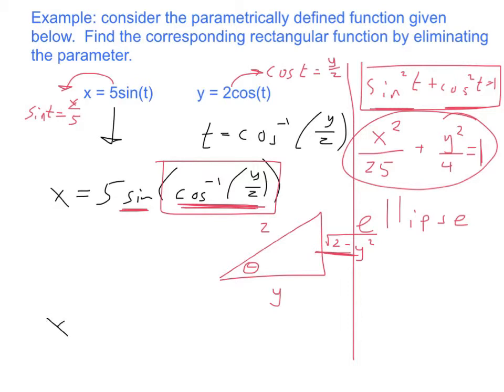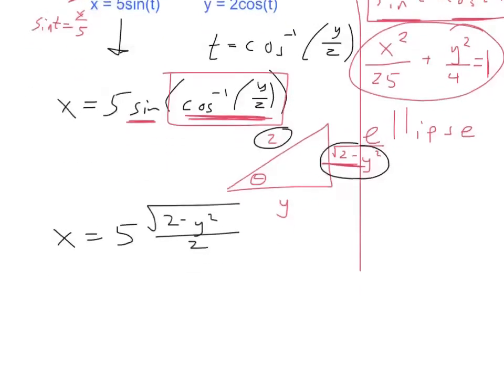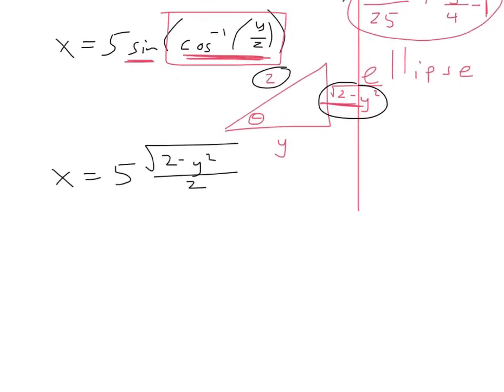So now we have the idea that x is equal to 5 times the sine of this thing, and the sine, of course, will be the opposite over the hypotenuse. So it'll be the square root of 2 minus y squared all over 2. If I multiply that 2 over, I'll end up with 2x equals 5 times the square root of 2 minus y squared.